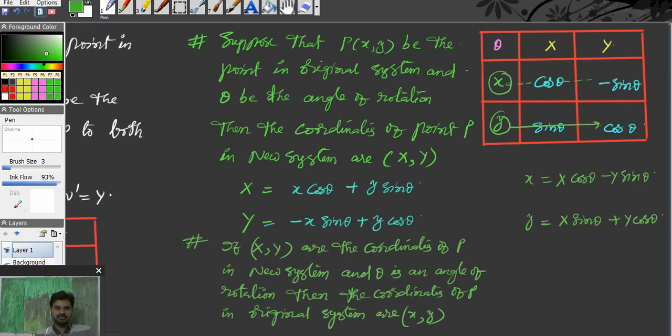So this is the concept of rotation of axes. In this concept you have to remember the table. By using this table you can find the old system point and new system point when one of them is given. Here the angle of rotation is the most important thing in the rotation of axes.